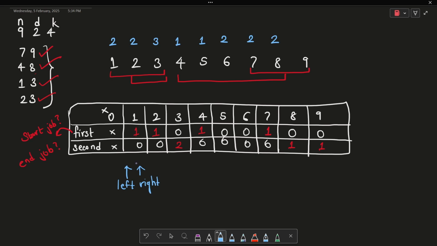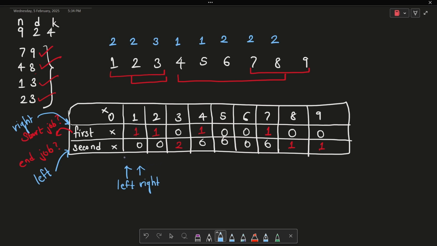You might not have understood it yet, but after this dry run you should be able to understand it. So my right will always check the first element of the pair, and my left will always check the second element of the pair. Initially my window size is 0, so I'll move my right ahead.